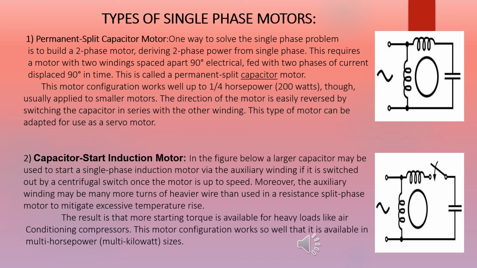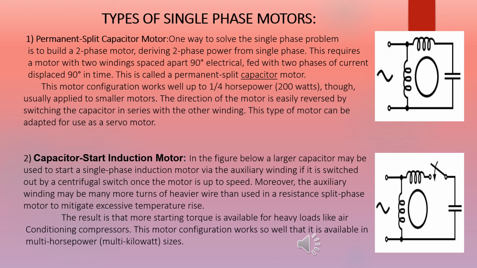The result is that more starting torque is available for heavy loads like air conditioning compressors. So how do you get more load? Since the capacitor value is large, this will help in generating a higher value of load so as to start the motor. Now, why do you call it a capacitor start?